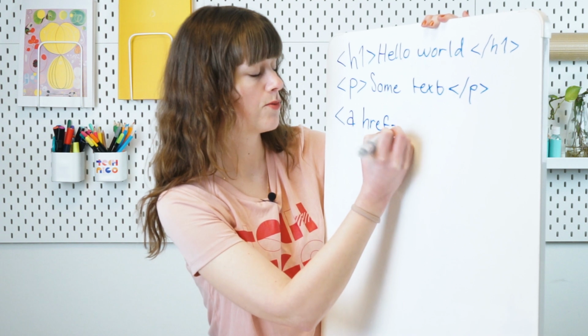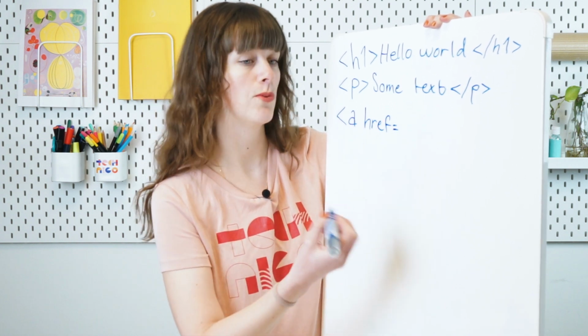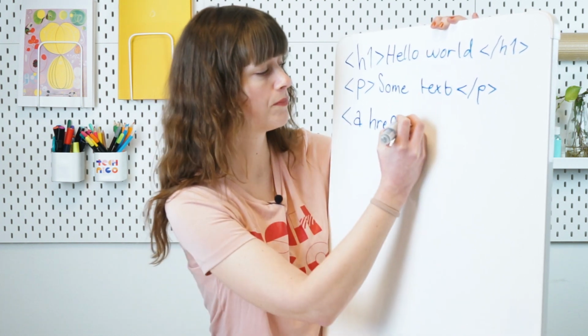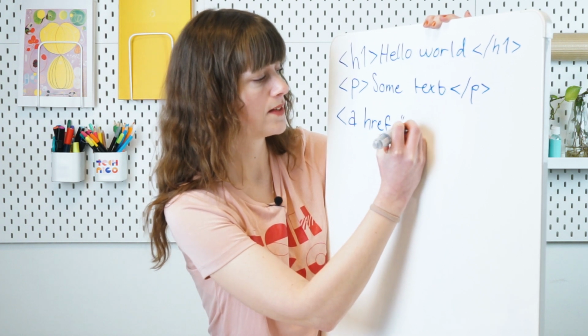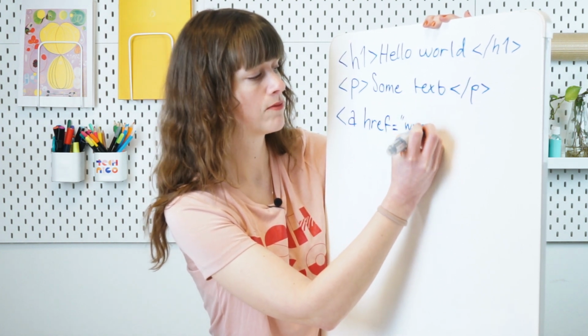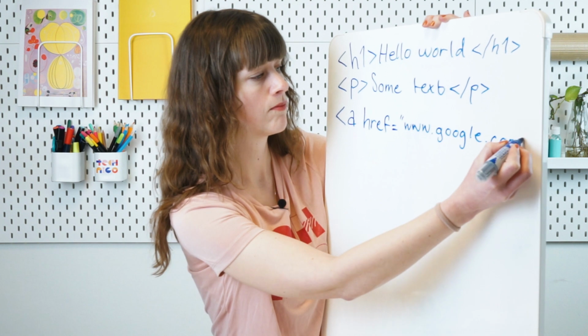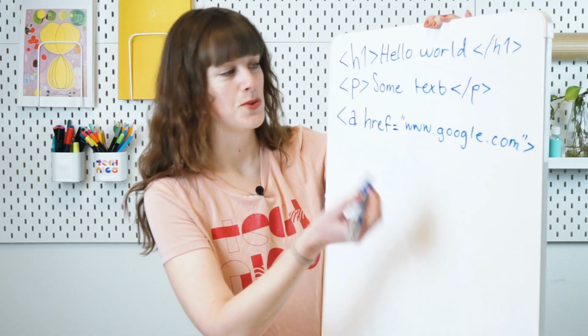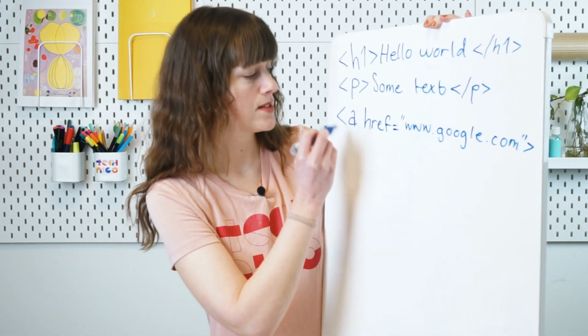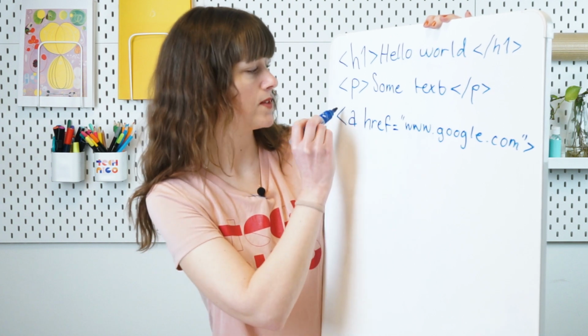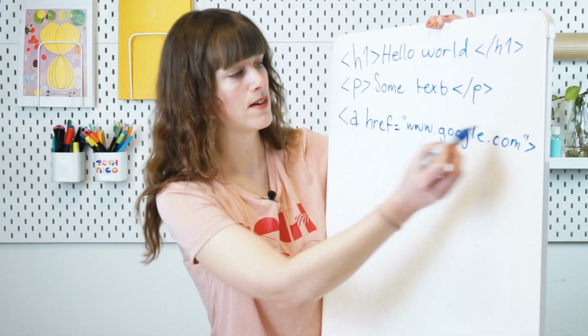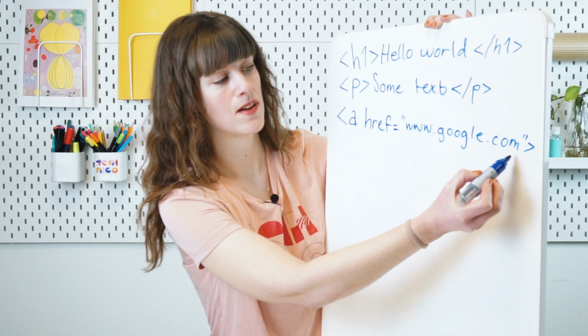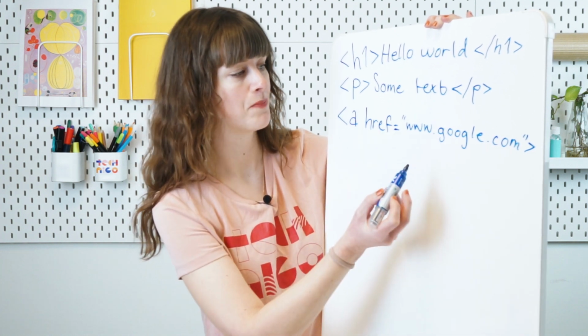So here we will write the reference to where the link should go. So I will just write Google for now. Now I need to use two lines, but this is the opening tag. So you can see here that the crocodile mouth is there and the other crocodile mouth is there. So this is the opening tag.